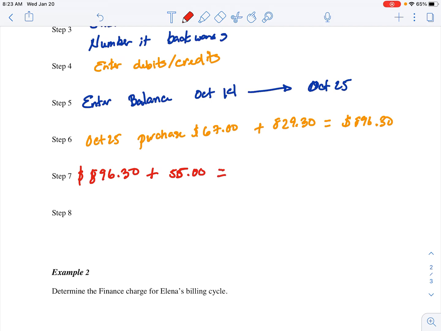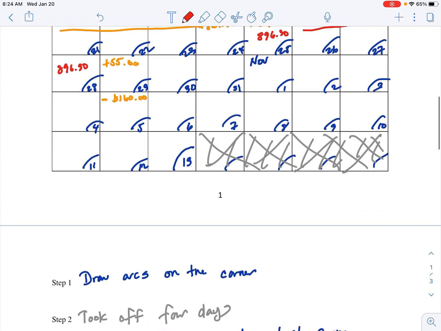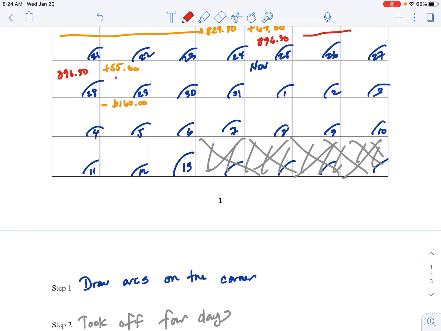And that's going to equal $951.30. Okay. So here, $951.30. That goes all the way to November 4th.